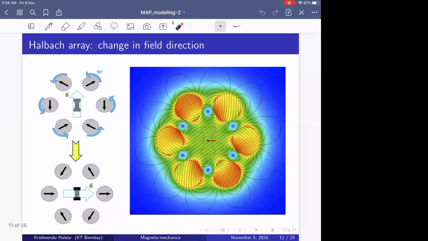So this is your initial configuration. This is like 30 degrees we started with, and you are getting a uniform magnetic field in the vertical direction. Now if you start rotating by an equal angle each cylinder in this Halbach array, you will be able to rotate the direction of the magnetic field clockwise.